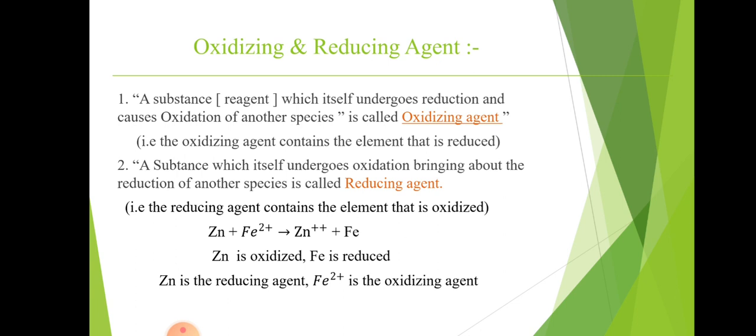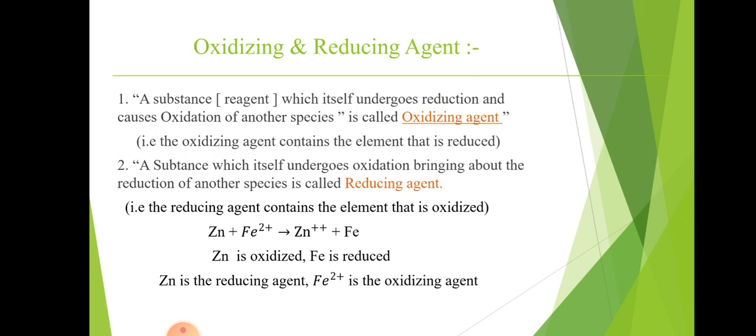In this reaction, Zn is the reducing agent because Zn is oxidized to Zn ion.